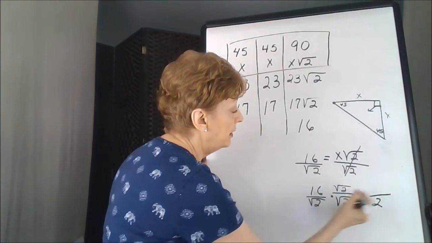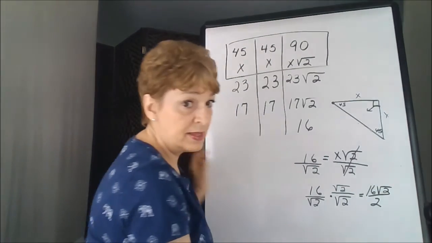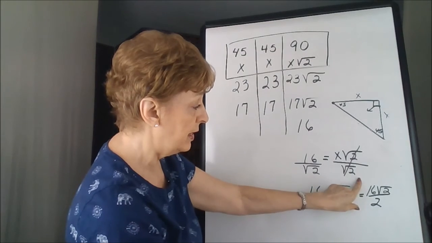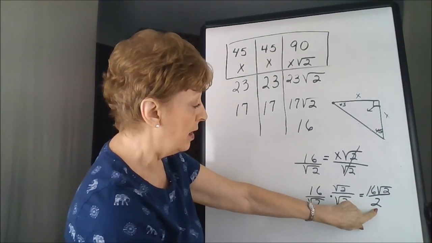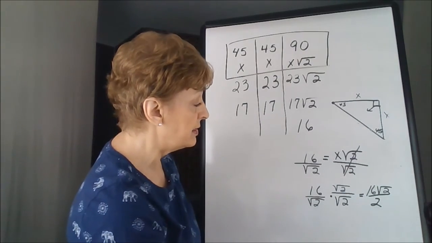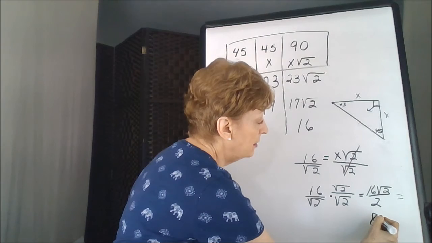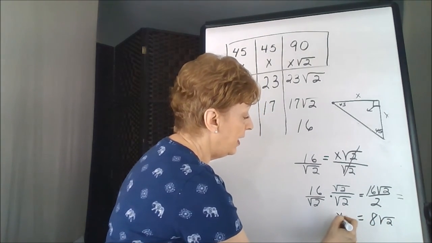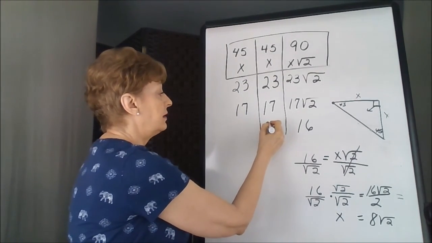And the top is 16 radical 2. Now this one isn't quite done yet, because we have whole numbers. We can actually do a division step with the whole numbers here, because 2 is divisible into 16. So this then becomes 8 radical 2. And that is our x value. So now we can go back to our chart and fill in the rest.